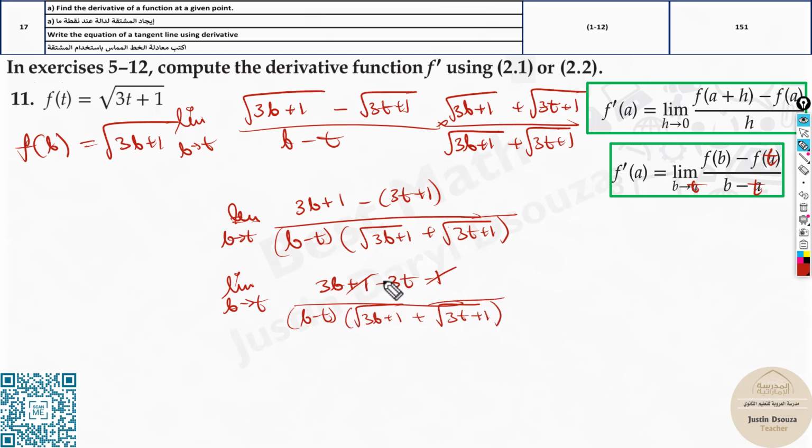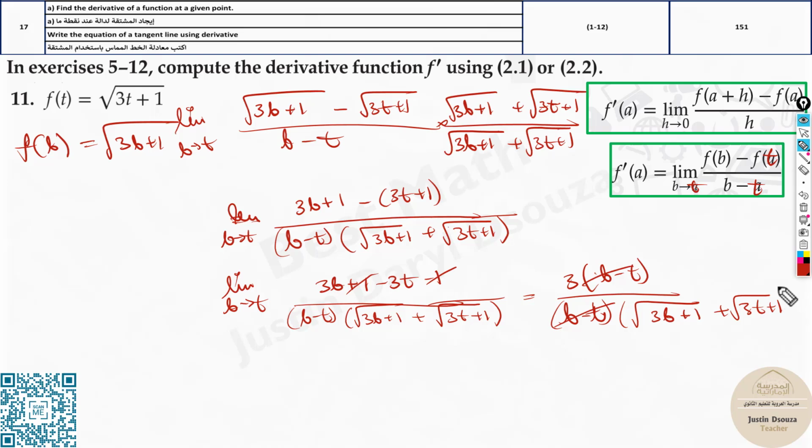Now what else do we see here? 3 is common, so 3 can be taken outside, and we are left with b minus t. And down over here we also have b minus t, which cancels off. What is remaining is root of 3b plus 1 plus root of 3t plus 1.